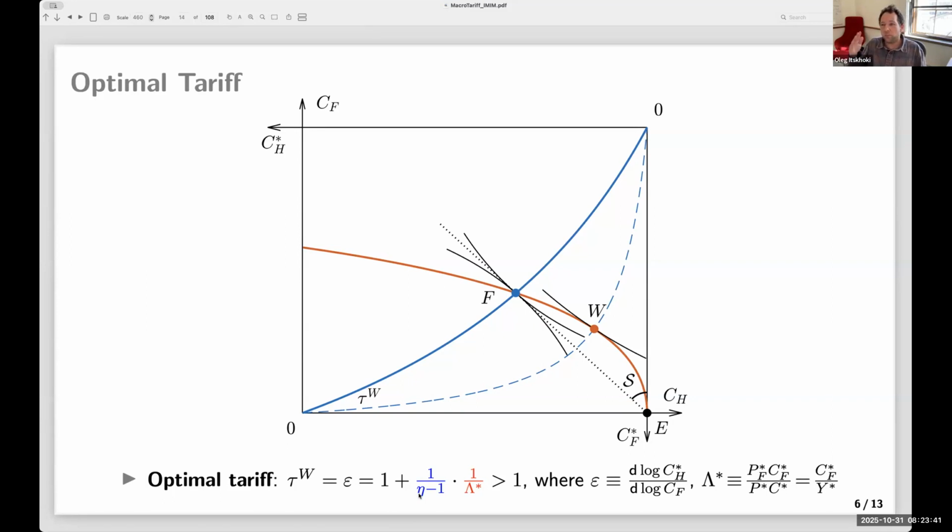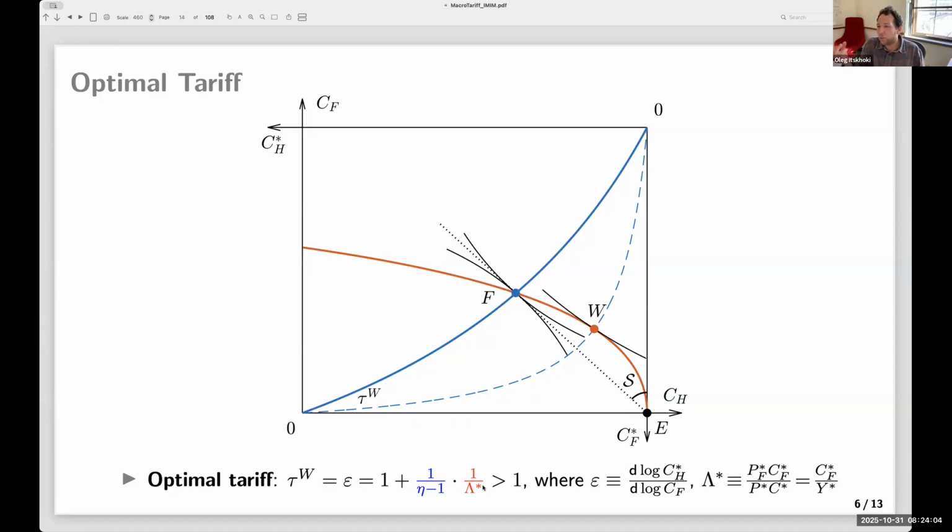So note, you don't have to be a big country. As long as there is downward sloping demand for your goods, even if you're small, you're going to have room for an optimal tariff. But if you're big, lambda star is essentially how close the foreign economy is to your goods. So it's like the domestic share of the foreign economy.